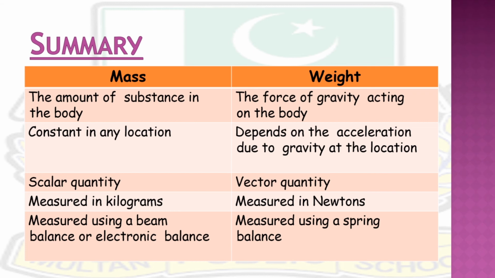Mass is a scalar quantity, while weight is a vector quantity. Mass is measured in kilograms, while weight is measured in newtons. Mass is measured using a beam balance or electronic balance, while weight is measured using a spring balance.